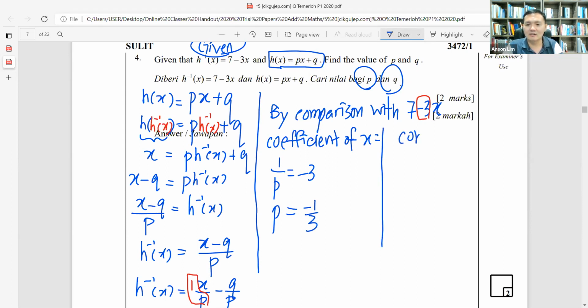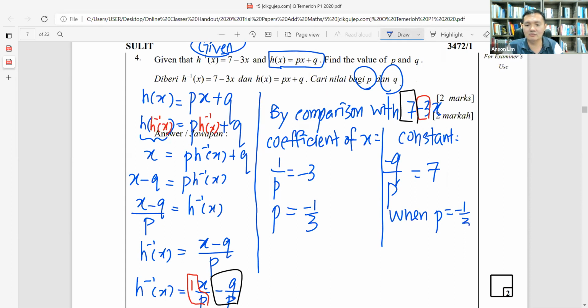Yes. And compare with the constant. Constant means without the x is constant. Okay, yeah, so negative q over p equals to 7. But you got p ready. When p equals to negative 1 over 3, negative q over negative 1 over 3 equals 7.